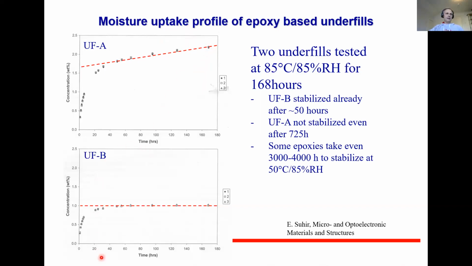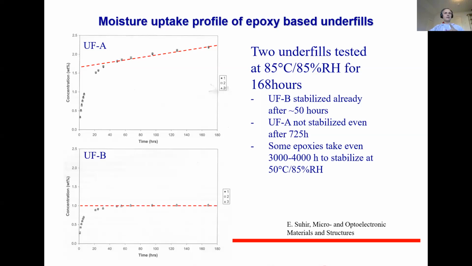So this is the exposure time, and here on the y-axis we have the amount of water in weight percentage, and the conditions are 85, 85. So 85 degrees centigrade, 85% relative humidity. What does this mean? This means that there's no condensation.